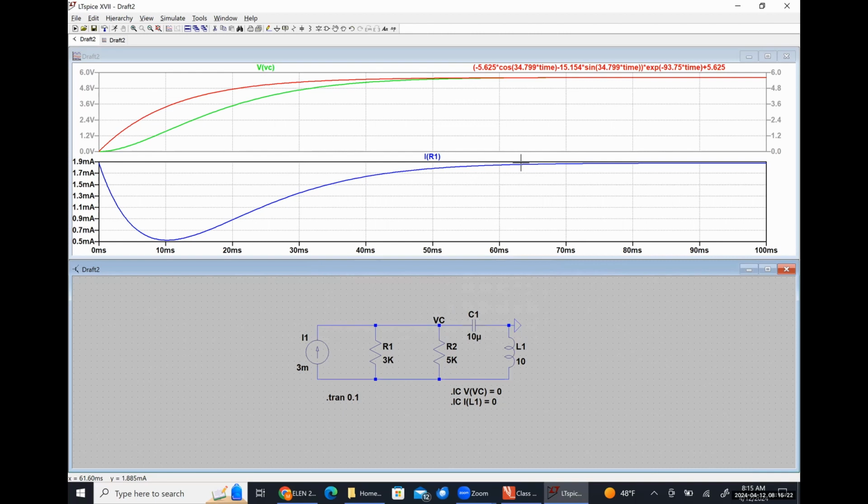So it settles to the same thing, but it looks significantly different, okay?